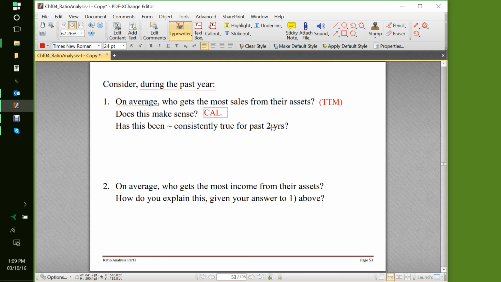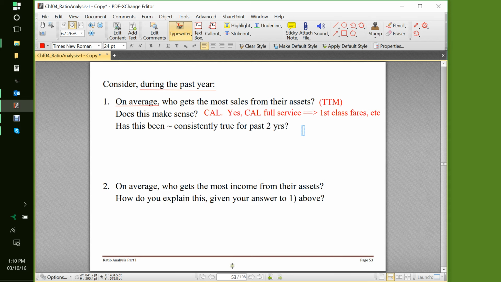I'm going to go ahead and say, yes, it does make sense, although this would maybe be an unfair question to ask on an exam. Cal is a full service airline, which implies first class fares, and everything that goes along with that, right? Southwest just has those economy cattle car fares.